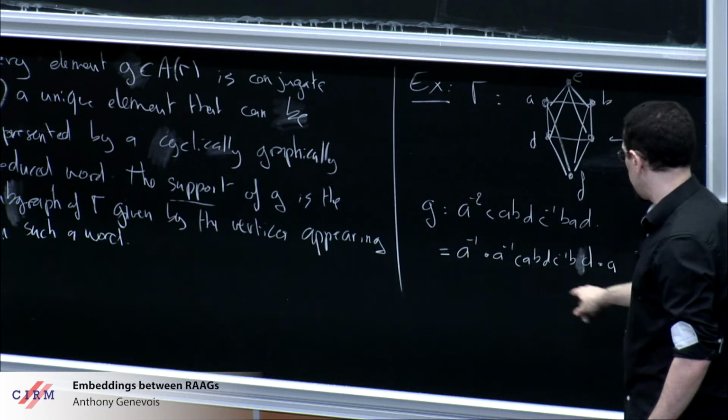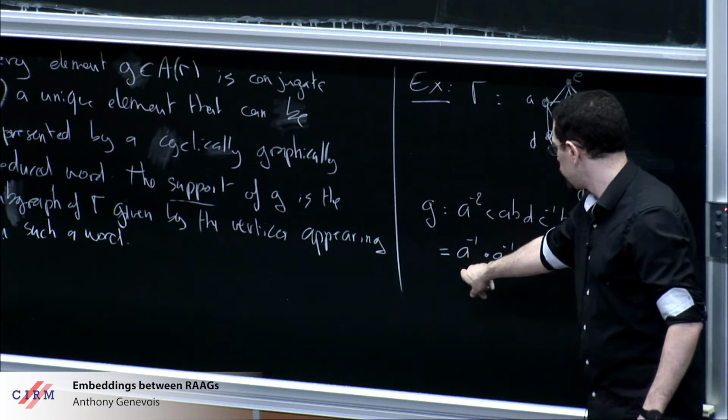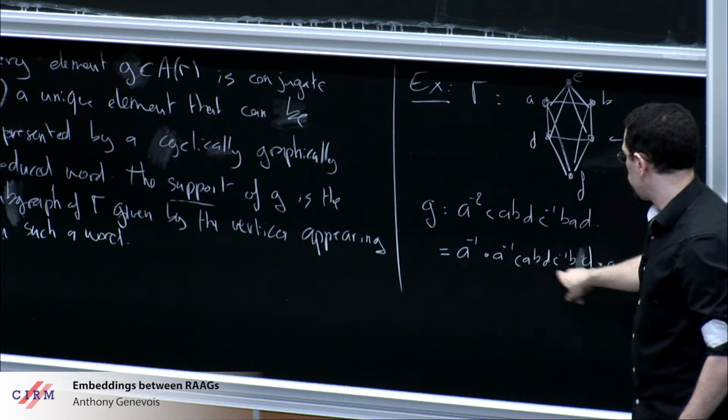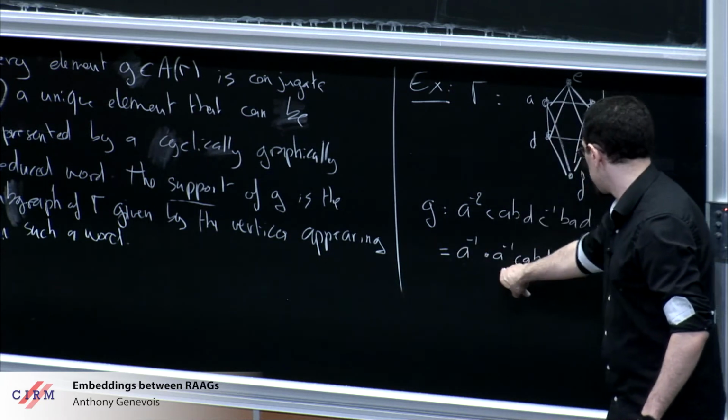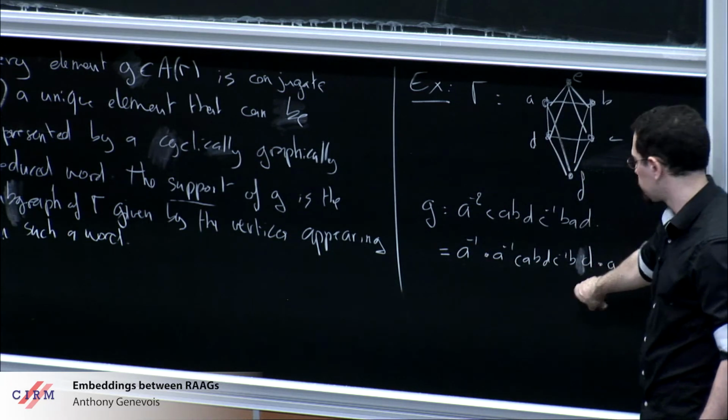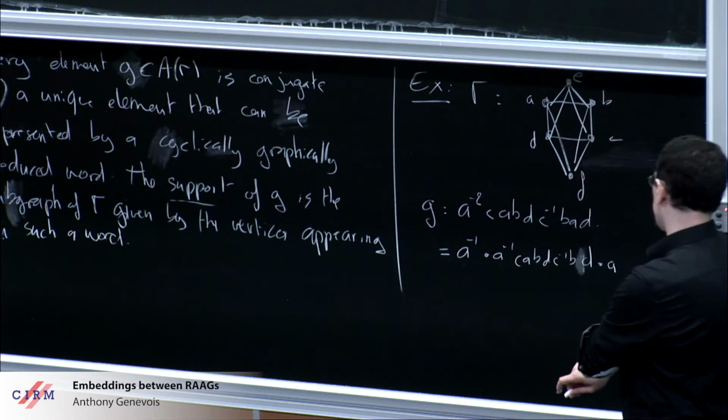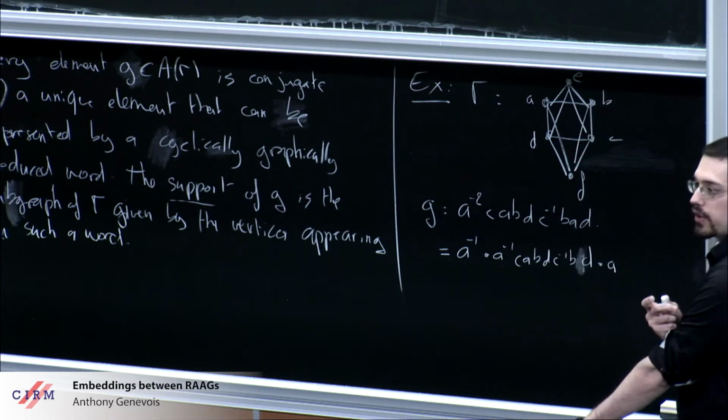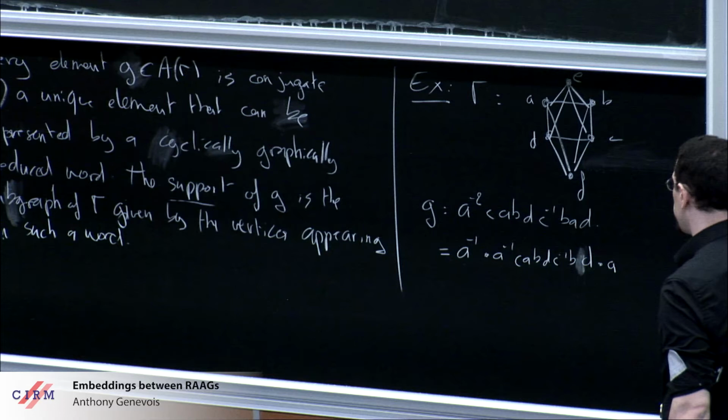Up to conjugation by A, G can be represented by this word. Now, this word is cyclically graphically reduced. There is no other possibility.